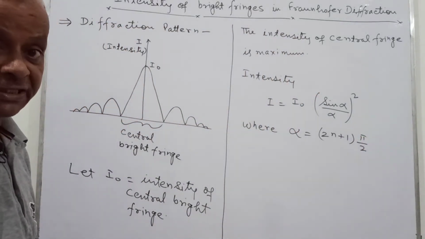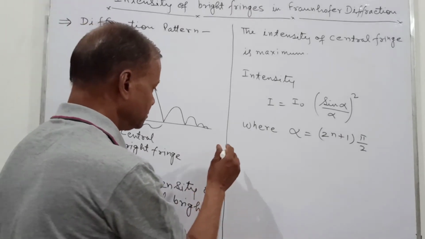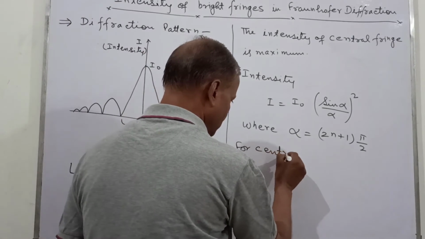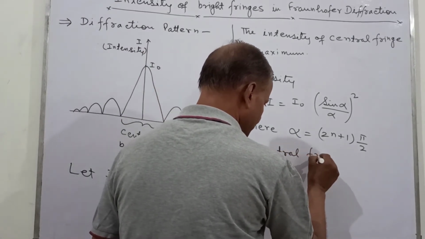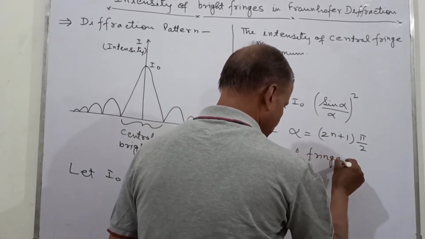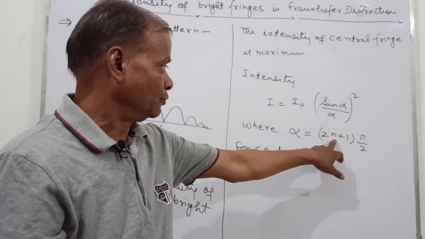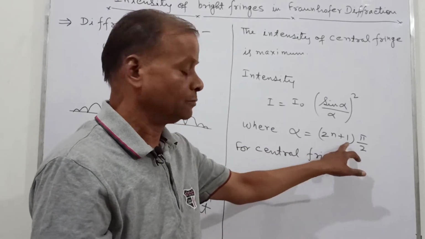So now you can see that for the central fringe, n is equal to 0. So alpha is now equal to pi by 2.